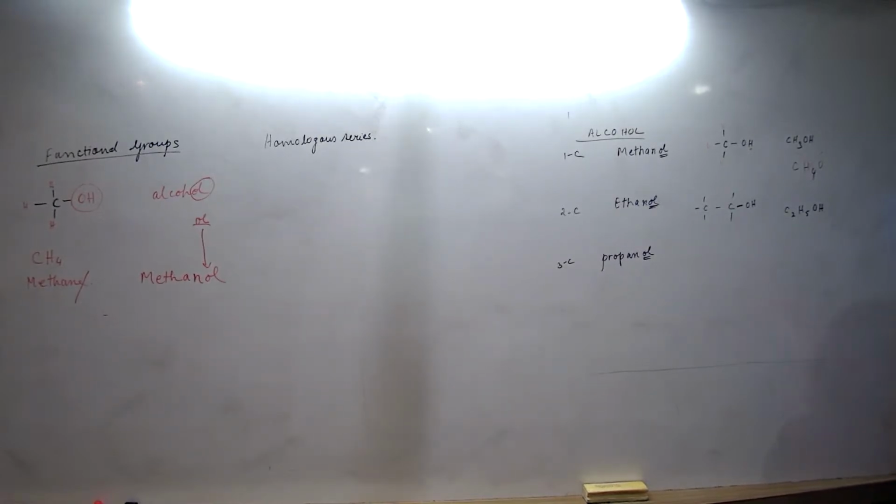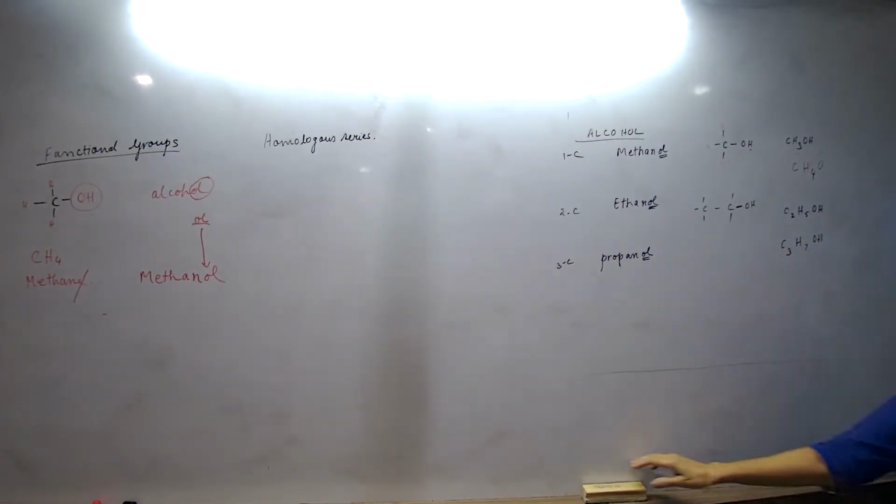Anybody who has a problem here? What will the formula be here? C3H, count, 9. There's an OH also. So here it will be 7.